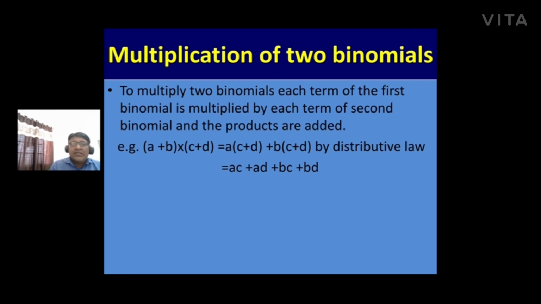So a into c plus d plus b into c plus d. By the distributive property, you will get a into c, ac, a into d, ad, b into c, bc, and b into d, bd, and then add if there is a common term, and if there isn't any common term, just leave it. And that is how we multiply two binomials.